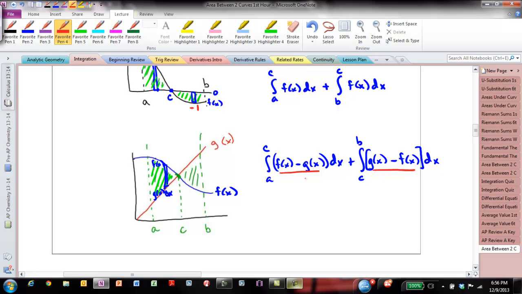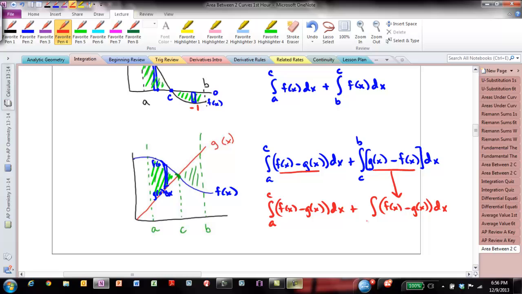So let's say we wanted to just do f of x minus g of x, we'd have to make a slight change to the second one. If we're going f of x minus g of x, on the second integral, since we flipped our integrand around, we're going to have to flip something else around so that we don't change the sign of it, so it gives us a positive answer.